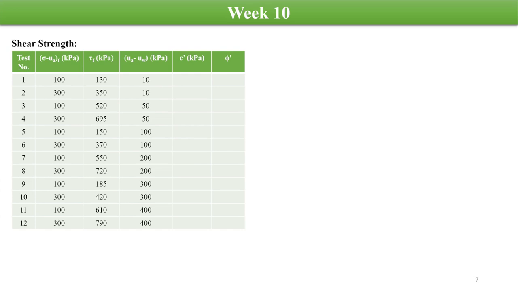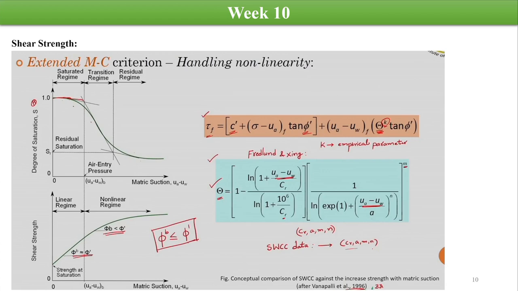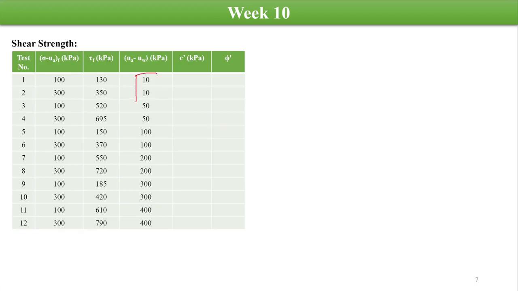So how can we do that? We will divide these tests based on the ua minus uw value. For the first ones, we will write A type of test. These are B, these are C, and so on. Right, so let's solve it for test number one.